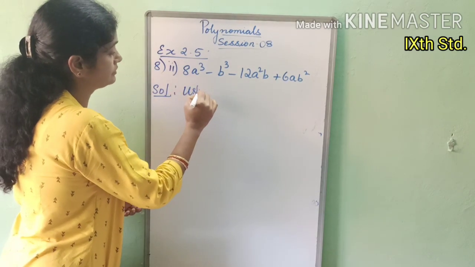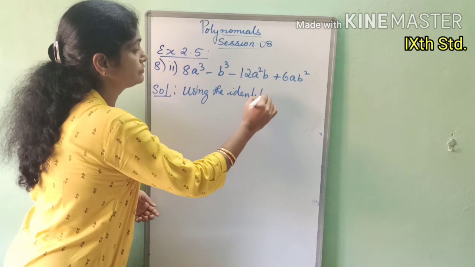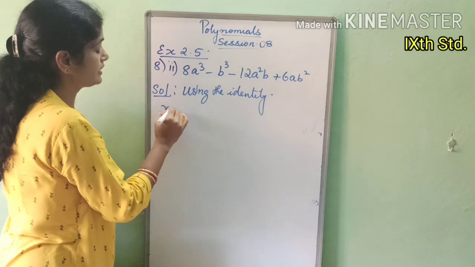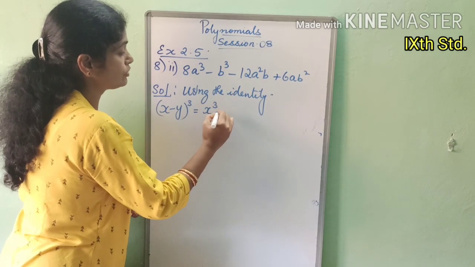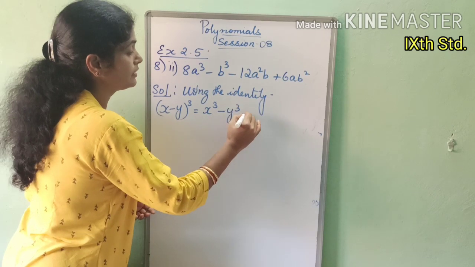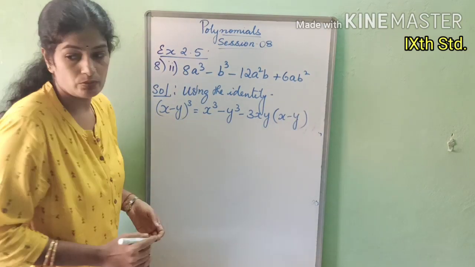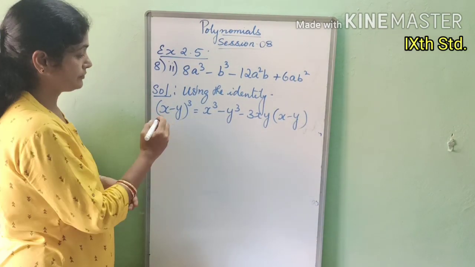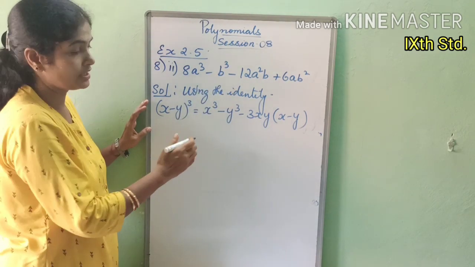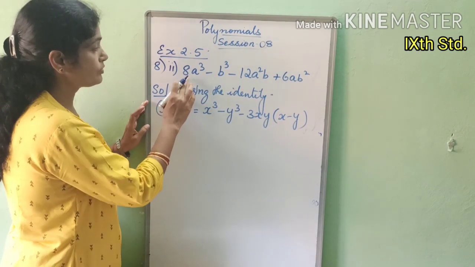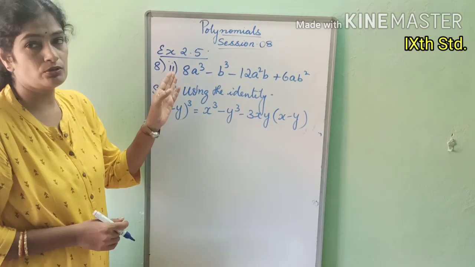Using the identity x minus y whole cube. This is equal to x cube minus y cube minus 3xy into x minus y. Fine. Then when you are comparing it, x cube is equal to 8a cube, so x is equal to 2a.